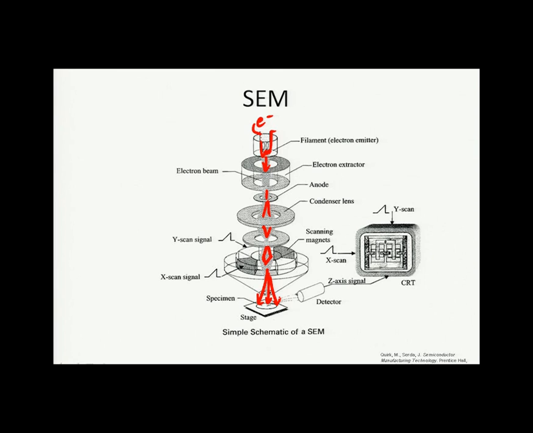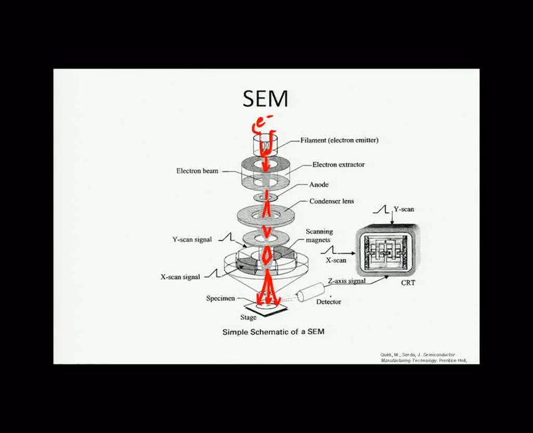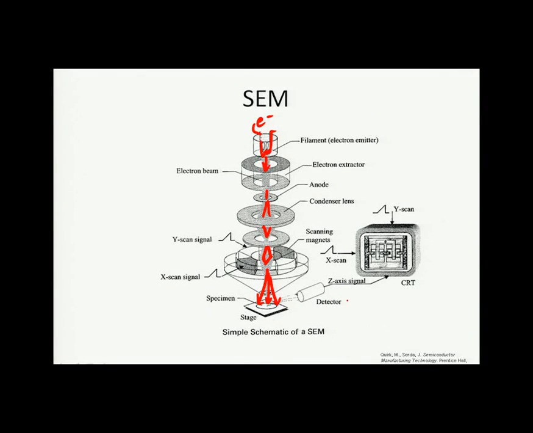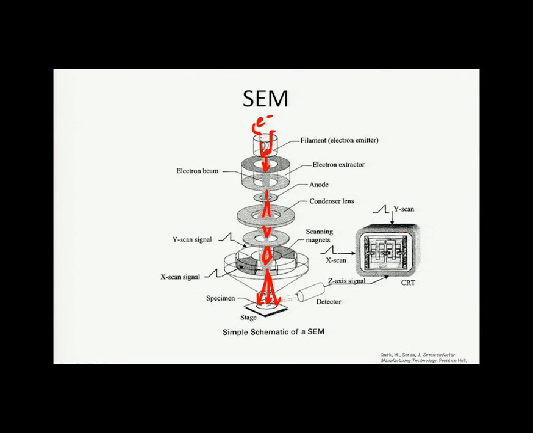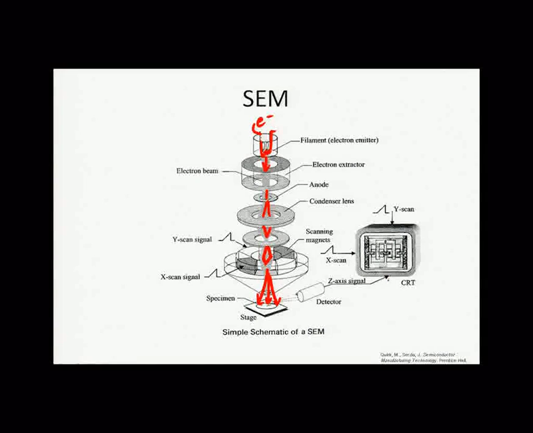Then of course you need a detector. There are multiple detectors typically on an instrument, and what these do is they feed back to your monitor and some other control mechanisms and amplifiers, and produce a signal that gives you the display on your computer monitor.